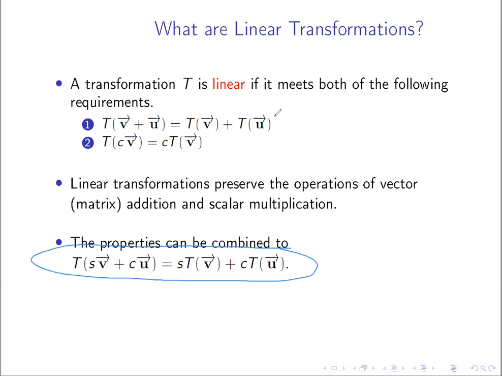Because this, if you notice, is just a combination where I have two scalar coefficients. So I'm pulling the scalars out while I'm also breaking up the addition. The reason I don't focus on that is because it becomes harder to diagnose what is the problem. So it's easier to focus on one addition or scalar multiplication at a time.